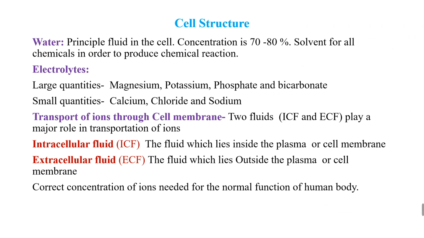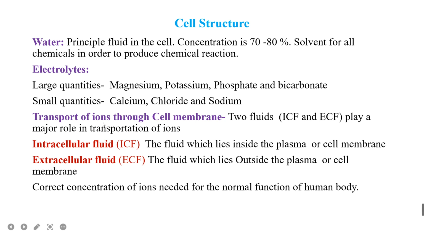Water is 70 to 80% of the cell, so our body is full of water. The electrolytes present in the cell are large quantities of magnesium, potassium, phosphate, and bicarbonate, and small quantities of calcium, chloride, and sodium.